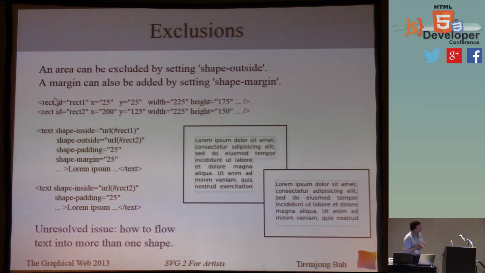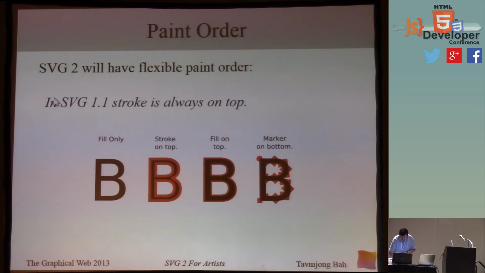There's one unresolved issue, and that's how to flow text into more than one shape. The way I originally thought, I'm told by the CSS people, won't work because they've already decided to use that for something else. You just can't list multiple shapes. There's a whole CSS regions spec, but the way it's set up is a little complicated to use for SVG, I think. We'll have to see about that.